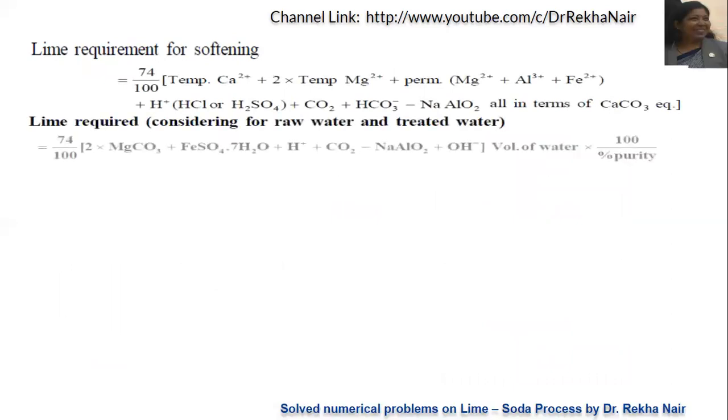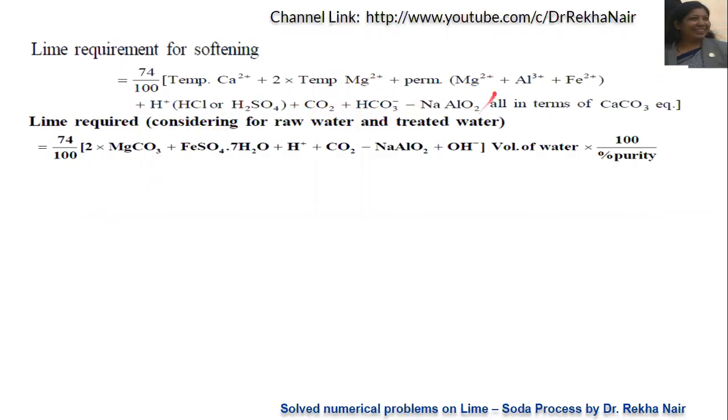So lime required considering for raw water and treated water. So let us calculate. Lime required is equal to the magnesium carbonate is given. There is no temporary calcium in the given constituent, and there is magnesium carbonate. So 2 times magnesium carbonate as temporary magnesium.